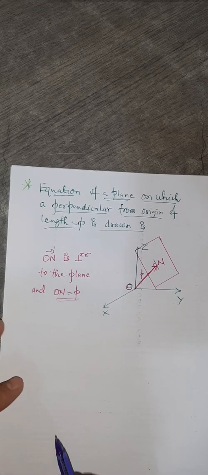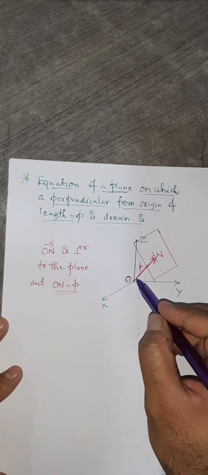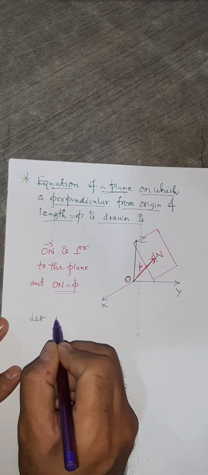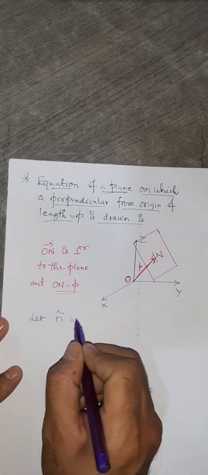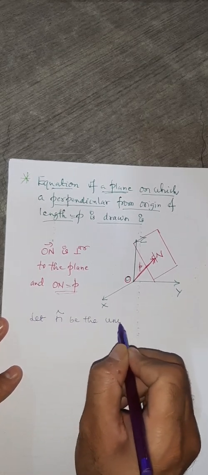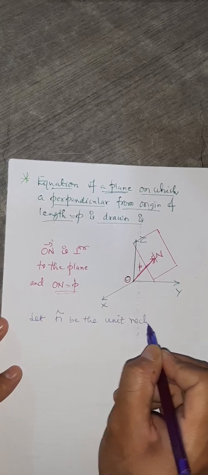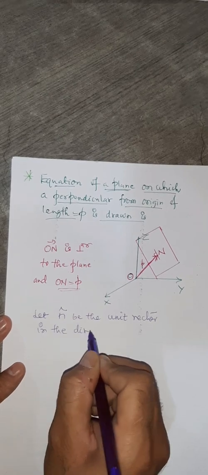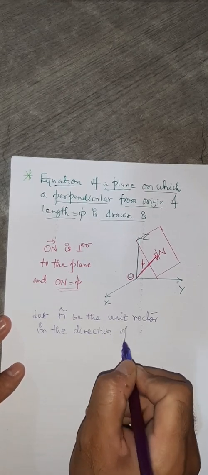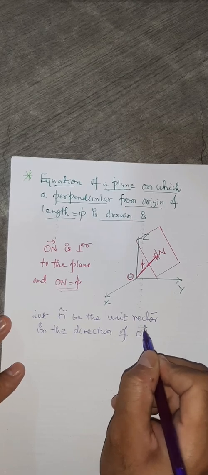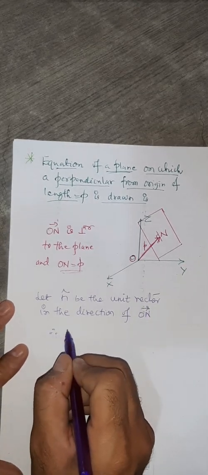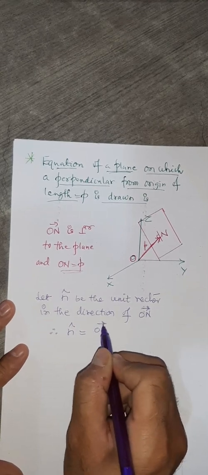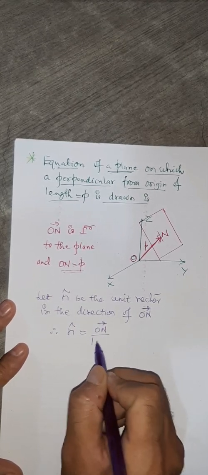Fine, that's the question. So what we do, we consider a unit vector in the direction of this. Let's take n cap to be the unit vector in the direction of vector ON. So therefore you can say that n cap is nothing but the vector ON upon its length.